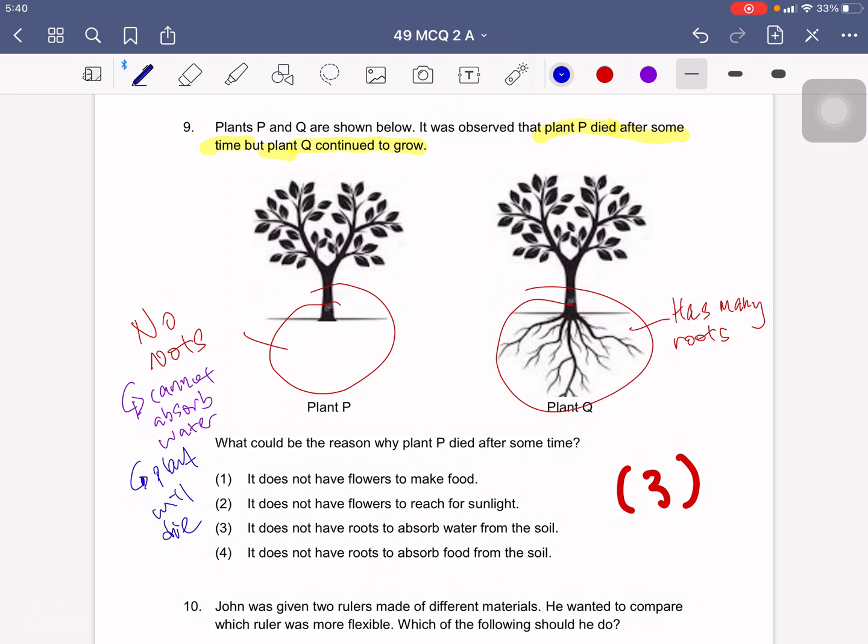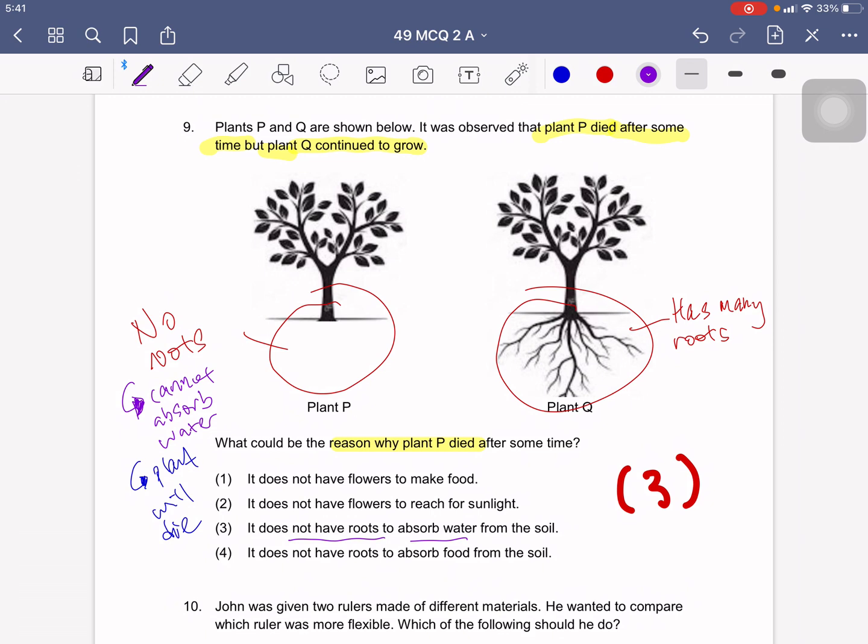Alright, so this is the consequence of the plant not having any roots. So what could be the reason why plant P died? Well, as I had explained earlier, there's no roots here, so it cannot absorb water, so plant will die. So the answer will be number 3. Okay, no roots to absorb water, and therefore the plant will die.